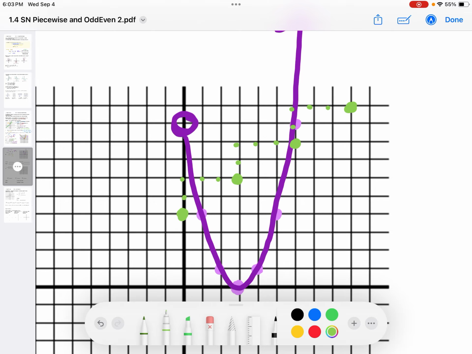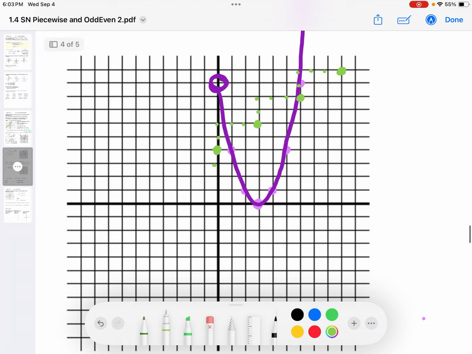Up 2, right 3. Do that as many times as it will fit. Okay, then we need to turn around and go the other direction. So we'll go down 2, left 3. Down 2, left 3. So there's the line.